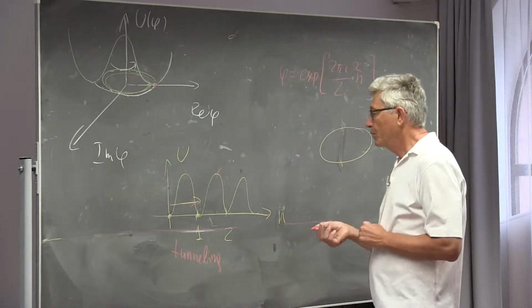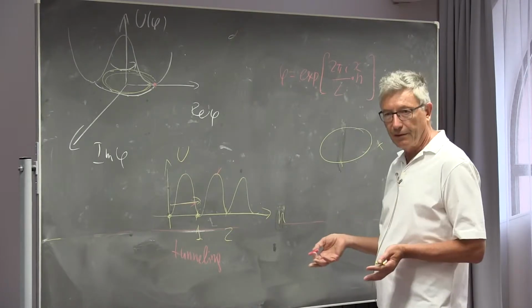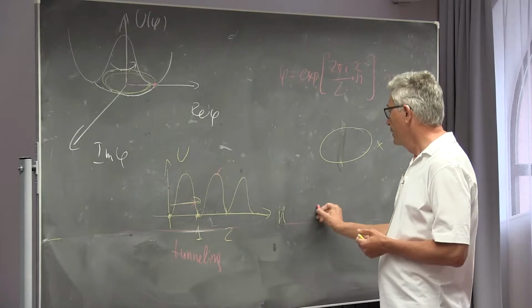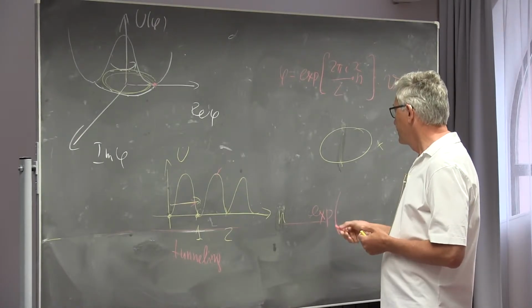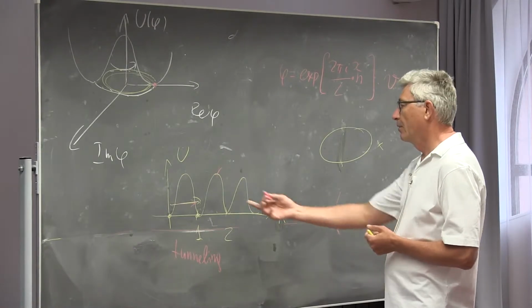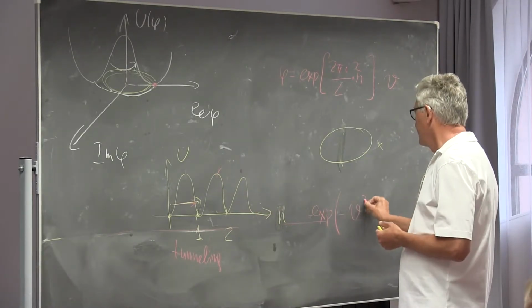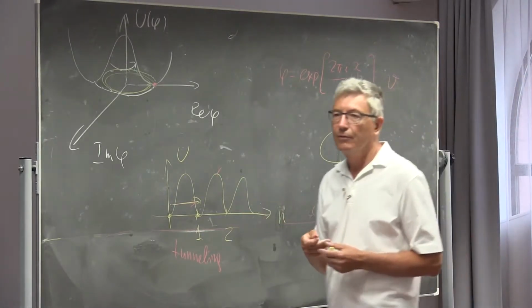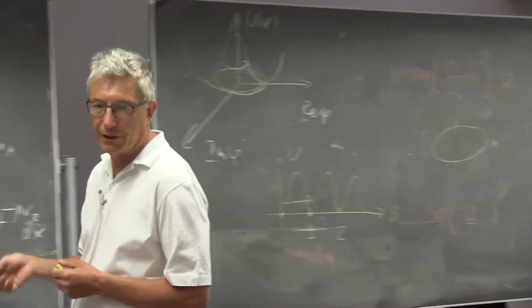And the process of tunneling should be suppressed in some way. And indeed, you can do a computation and find out that there is a suppression of that. And this suppression happens to be associated with the vacuum expectation value of the Higgs field.